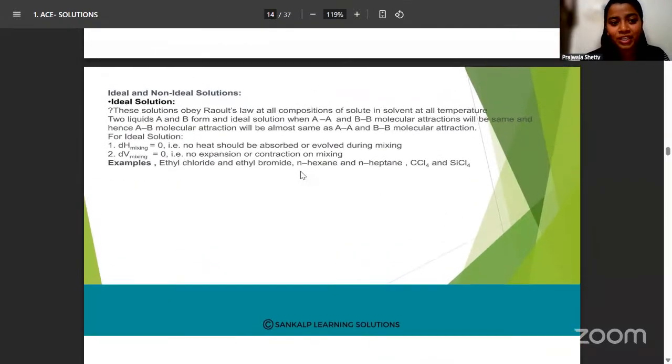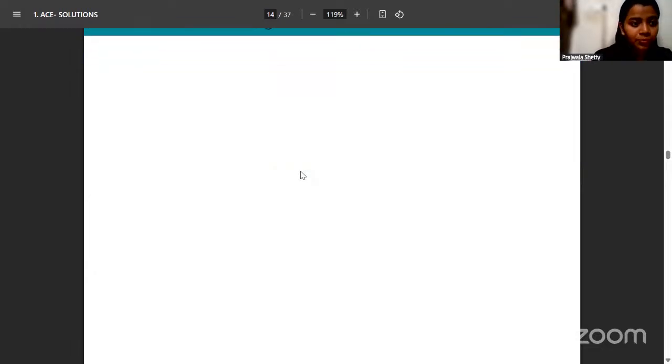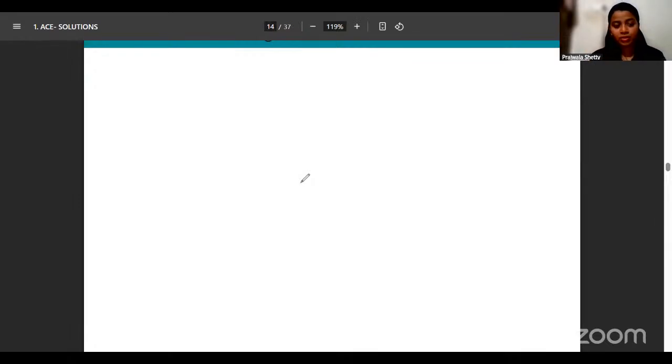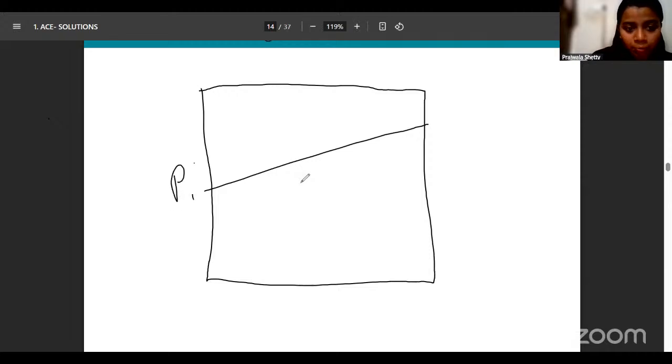Yes, you have something called ideal and non-ideal solutions. I'll show you in the next slide. I'll tell you in general, in the perspective of Raoult's law. We'll be plotting P1 versus P2, like this: P1 naught, P2 naught.